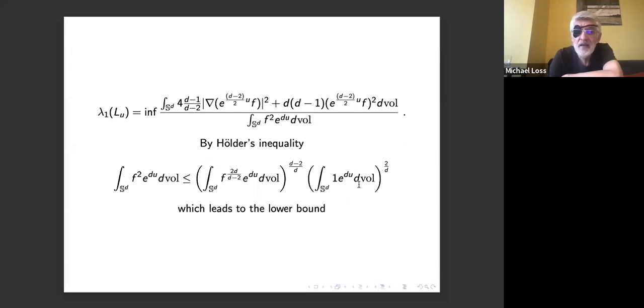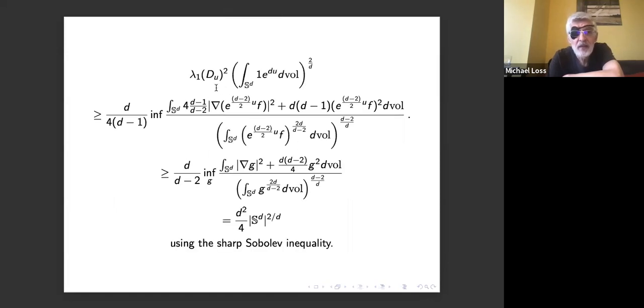Then here you have the volume, the standard volume of S^D, but you have this prefactor e to the du. And therefore what you get is this lower bound, that the first eigenvalue squared times this funny factor is bounded below by this quantity.